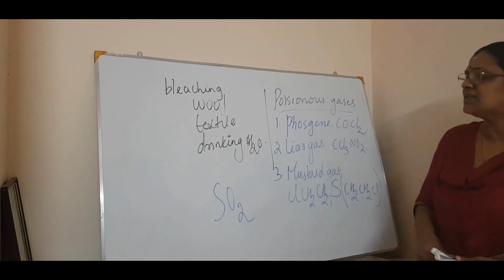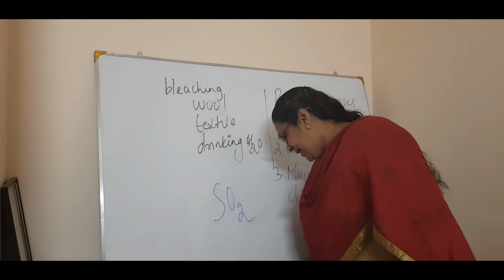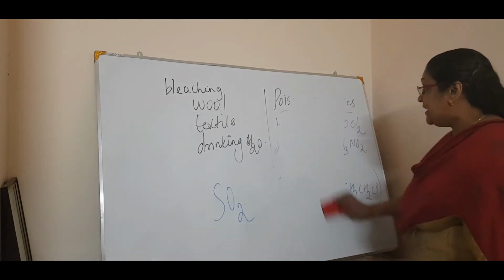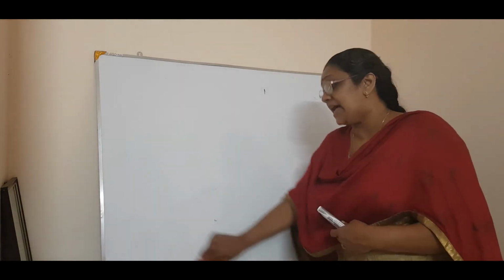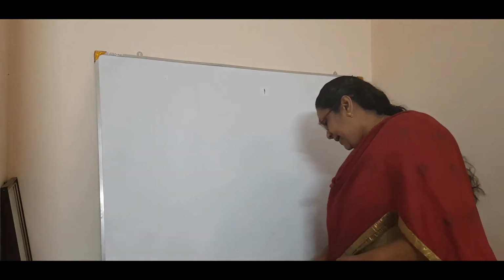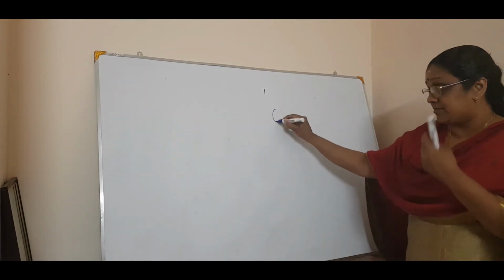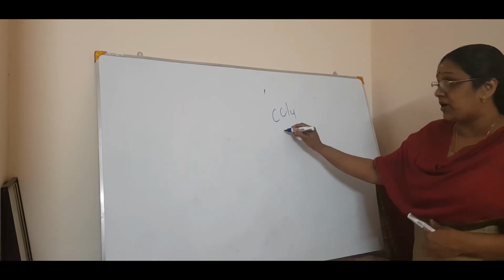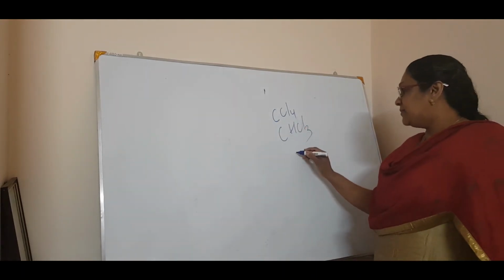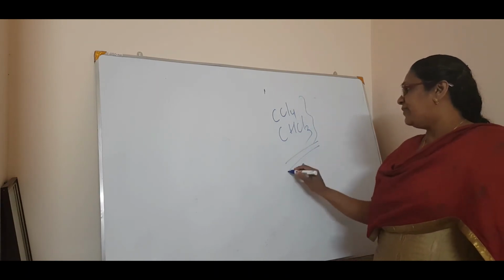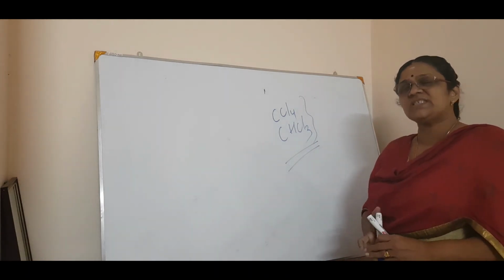Then you can say it is a lab reagent, and it is used in the manufacture of DDT, dyes, and organic compounds like solvents, CCl4 carbon tetrachloride, chloroform, and Freons. Likewise, so many manufacturing uses are there for chlorine. Just study one or two.